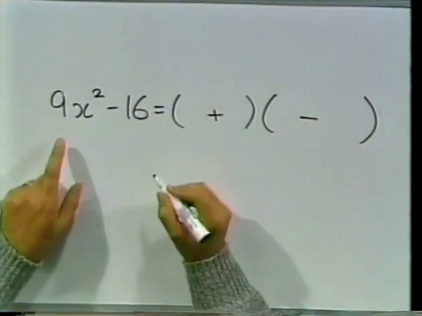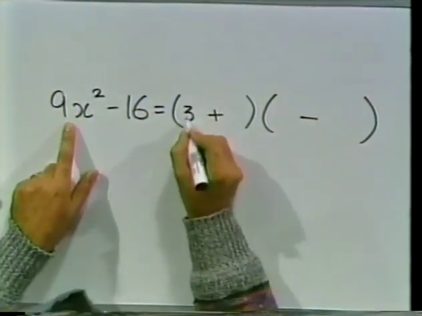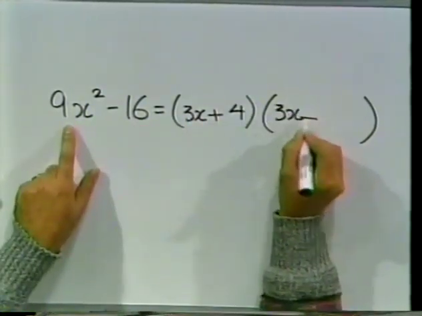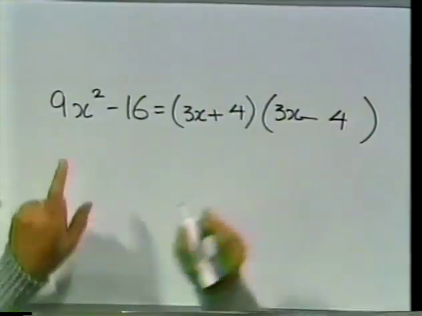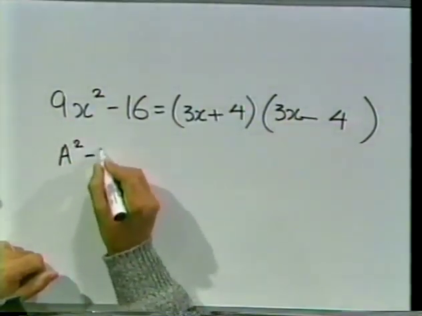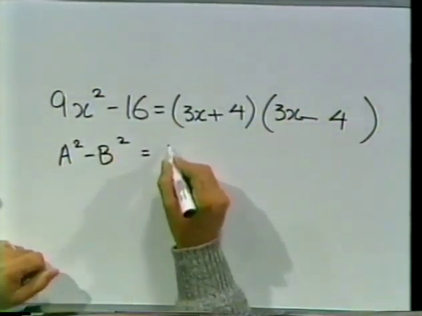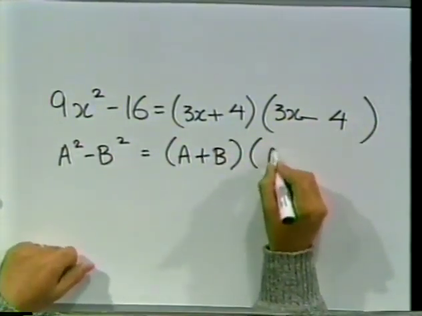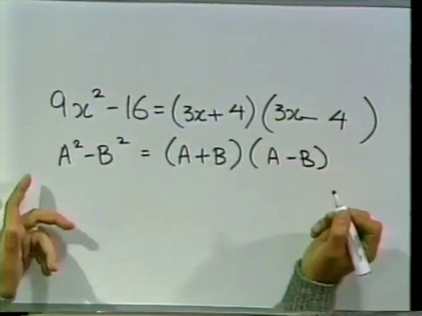The factors, therefore, are 3x plus 4 and 3x minus 4. This follows the standard form of factoring a difference of squares, which is a squared minus b squared is equal to a plus b and a minus b.